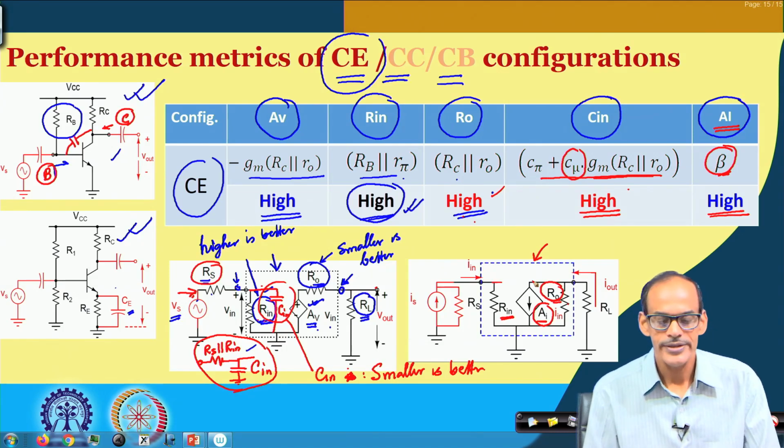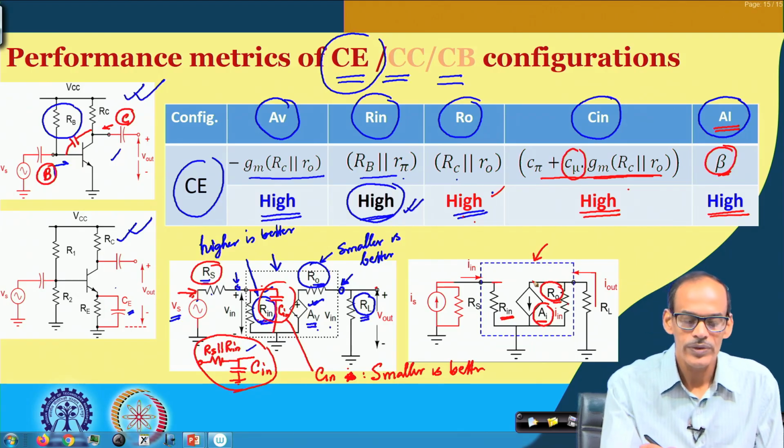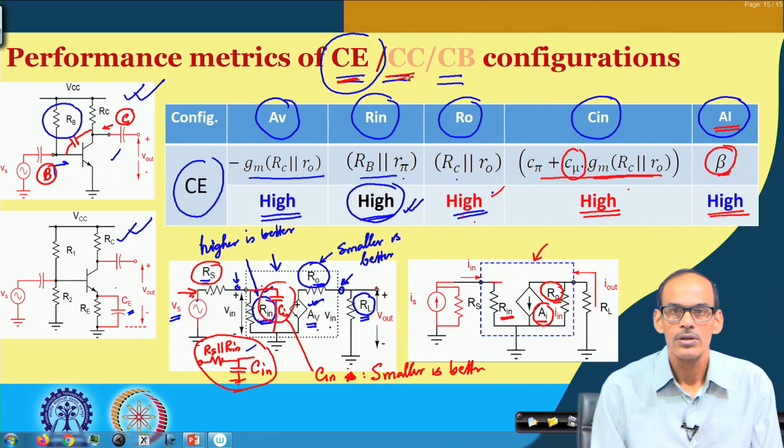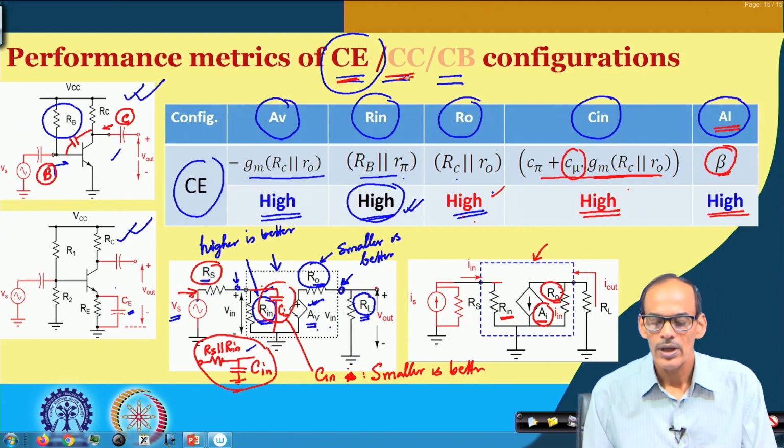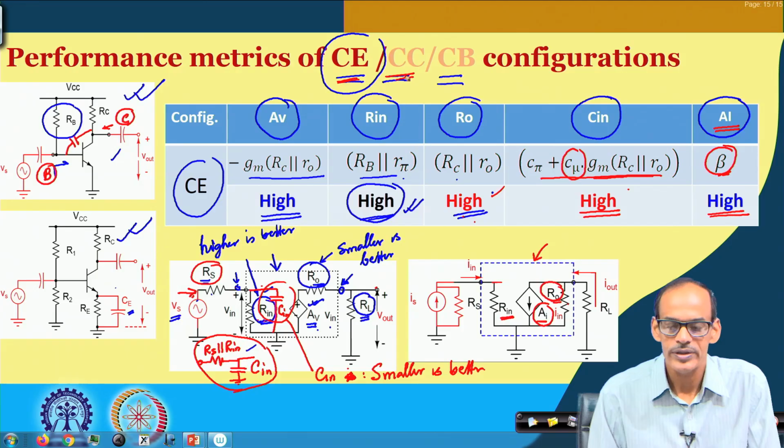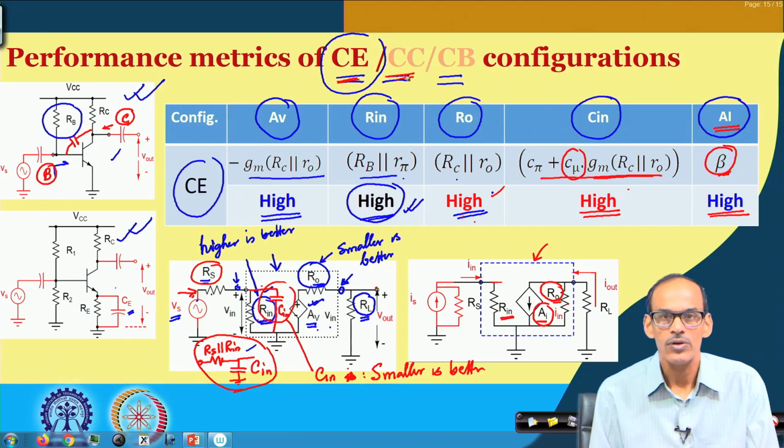As I said, so far we have summarized the CE amplifier. Likewise, we can also summarize the common collector configuration, and then see qualitatively which is in favor of using that configuration for voltage mode amplifier or current mode amplifier.